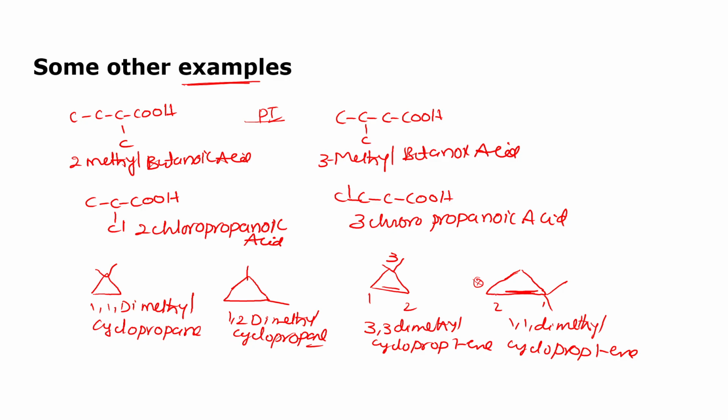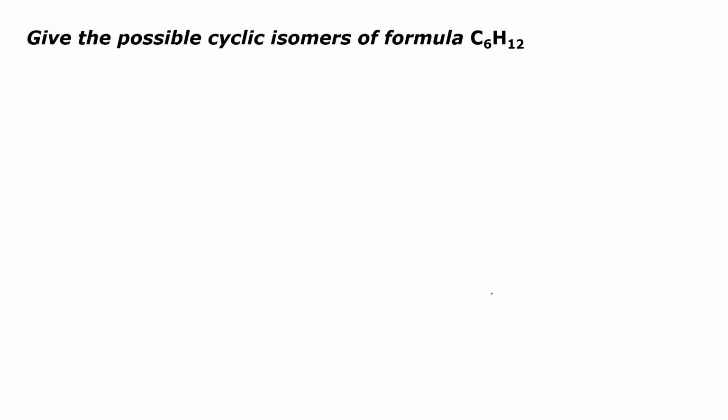Coming to the next one, the cyclic isomers of C6H12. Mention all the possible cyclic isomers of C6H12. Here C6H12, based on the molecular formula given, should be an alkene or cycloalkane.